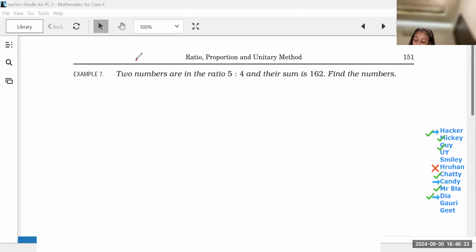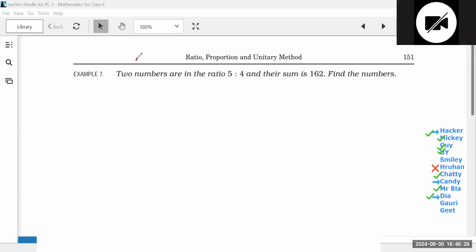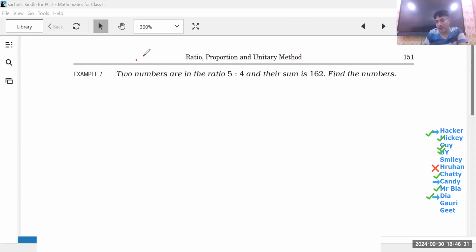So what do the arrows mean? Arrow means probably they gave one answer instead of two. So Mr. Gory, oh my Gory, and Smiley. So can I speak my answer? No, no, beta, don't speak, please. So just 1 minute.